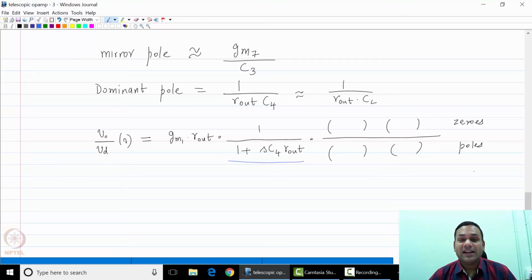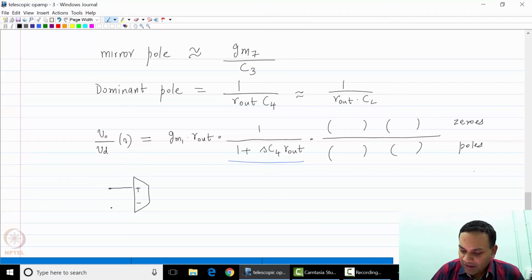I would expect that the unity gain frequency of the telescopic op-amp is dominated by this particular number. If you were to have an idealized telescopic op-amp, it should actually be replaced with an OTA, and because the output resistance of a telescopic op-amp is larger than that of a one-stage op-amp, this is a better OTA compared to a one-stage op-amp.